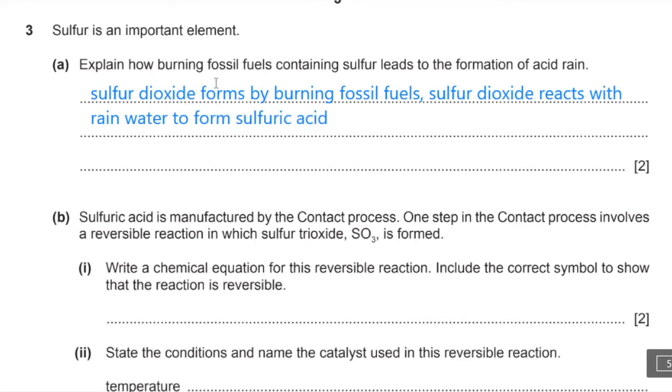Now here you don't need to mention all of the steps that occur between the formation of sulfuric acid, since this is only a 2-mark question.